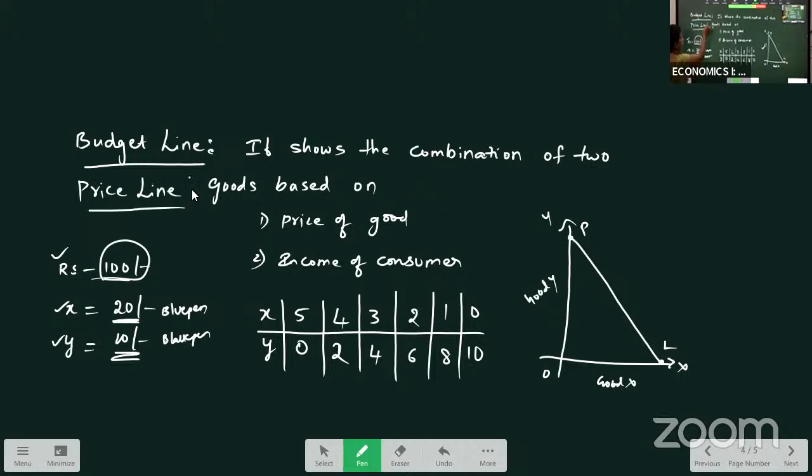They are asking price line, but we have studied budget line. Budget line or price line is the one and the same. So the combination of two goods based on the price of the commodity and consumer's income is called as budget line. When you get this question for 2 marks, you write down the meaning and you do the graph. You will get 2 on 2.